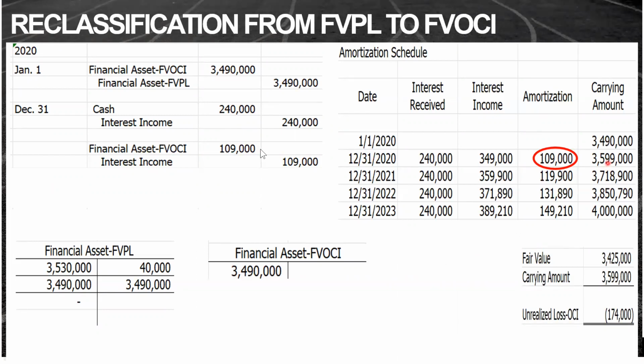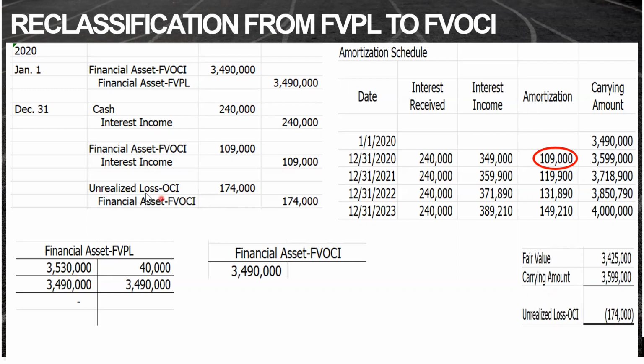So yung carrying amount natin before the recognition of the fair value is 3,599,000. So there is now again a loss amounting to 174,000, and that loss will be recognized, recorded, and reported in your OCI.